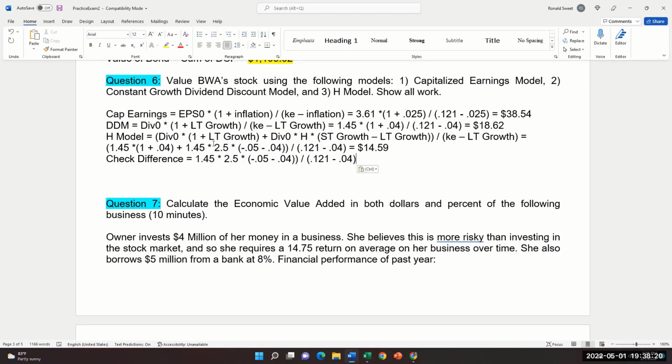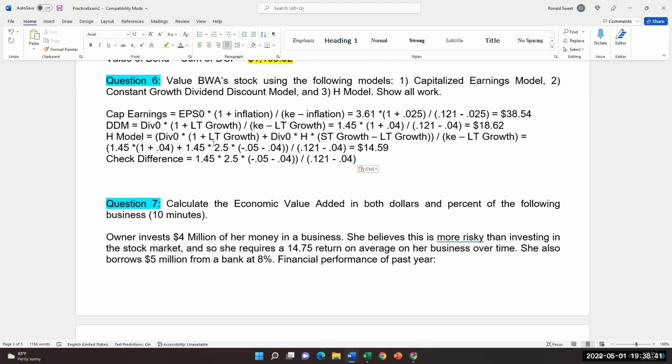So if we do that, 1.45 times 2.5 times minus 0.05 minus 0.04, and divide all of that by 0.121 minus 0.04.